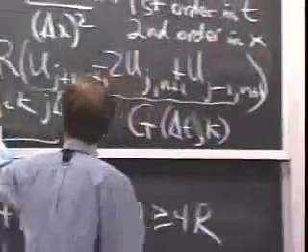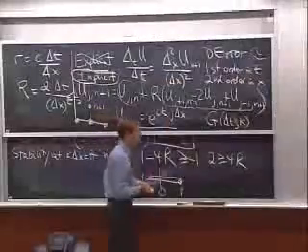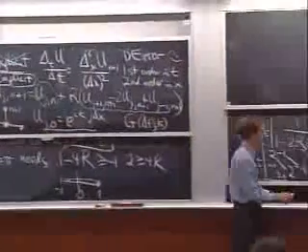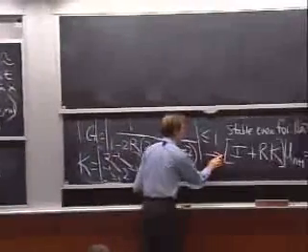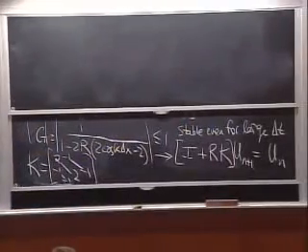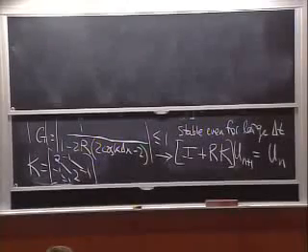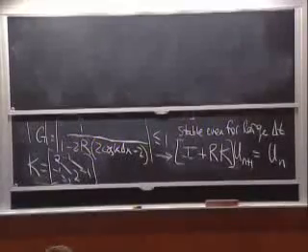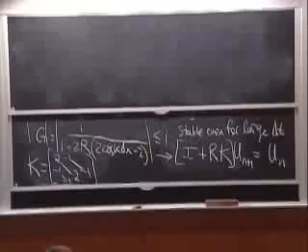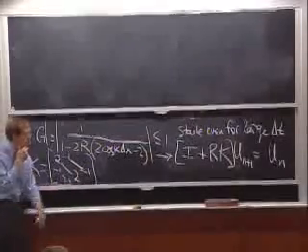Because at the old time step, I just have the identity. Are you okay with this? This is the problem that we actually have to solve. I mean, the main point about it is that we have a linear system. The u's at the new time step are coupled by the second difference, coupled by the matrix K, so we have to deal with that.